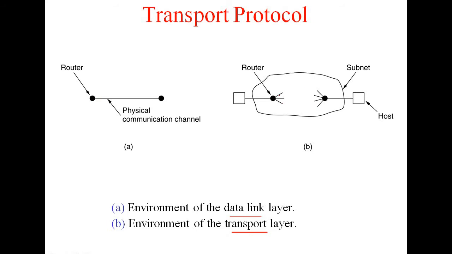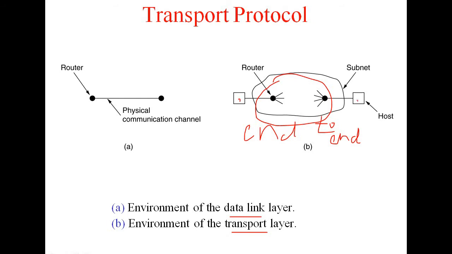But when you talk about the environment of the transport layer, the transport layer is always end to end, this we know. That means it is always process to process. So the routers are shown here, and there is a subnet present. In this, a specific process number is required.